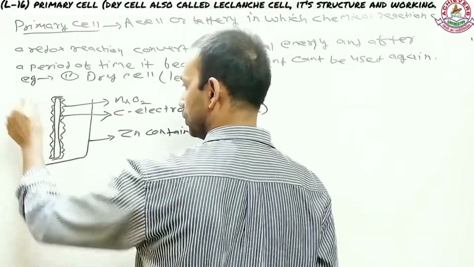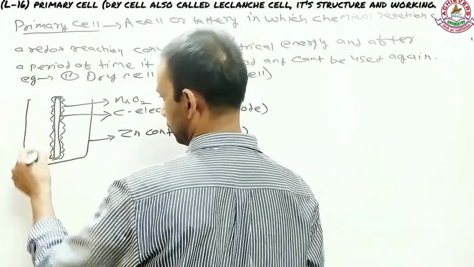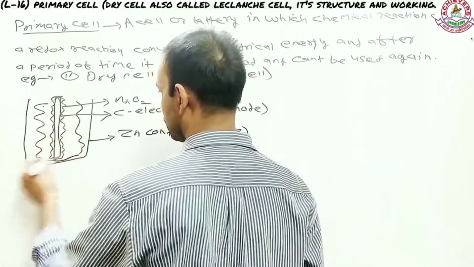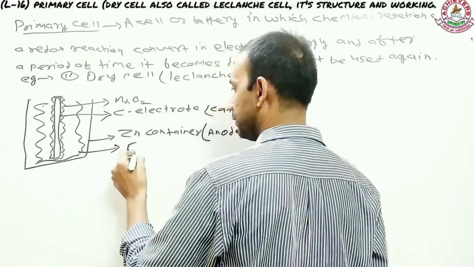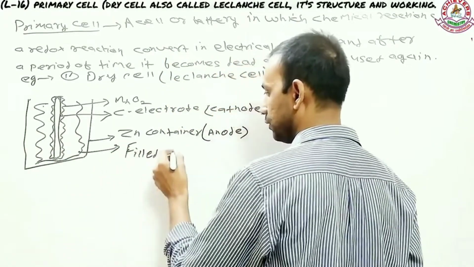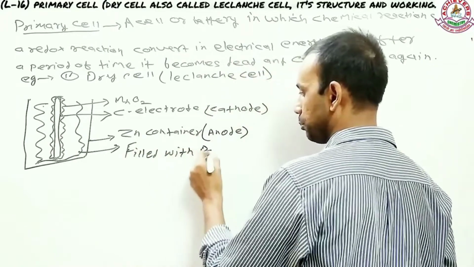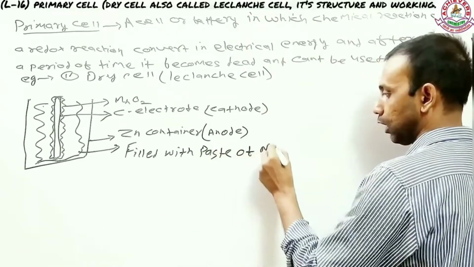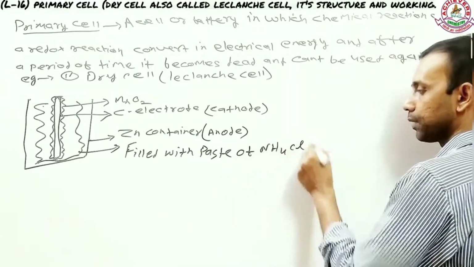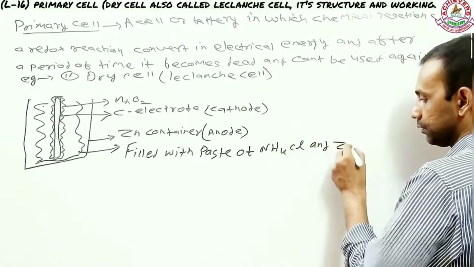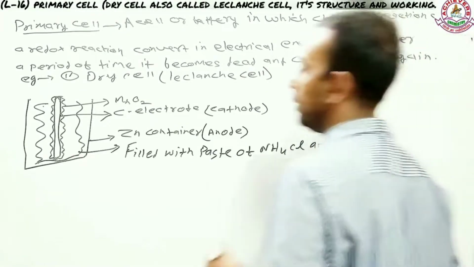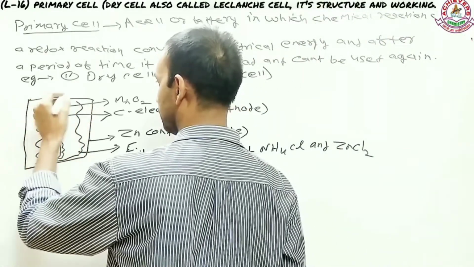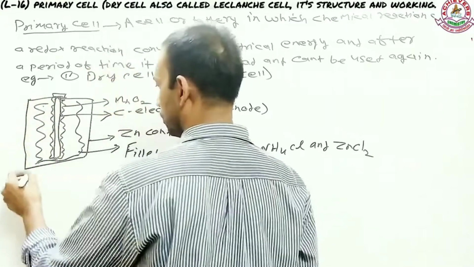And the empty spaces here are filled with a paste of ammonium chloride and zinc chloride. And after the paste is filled, this battery is sealed here. So this is your dry cell.